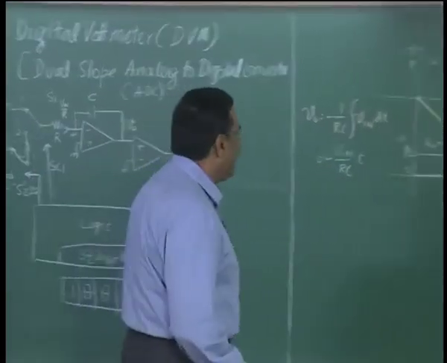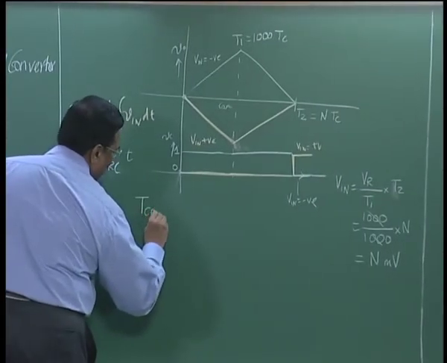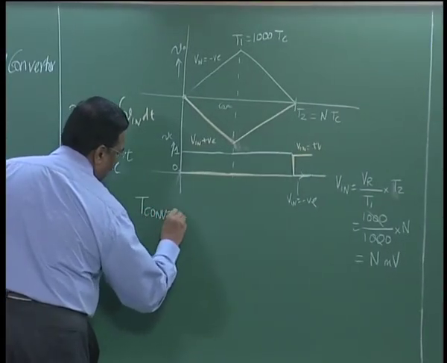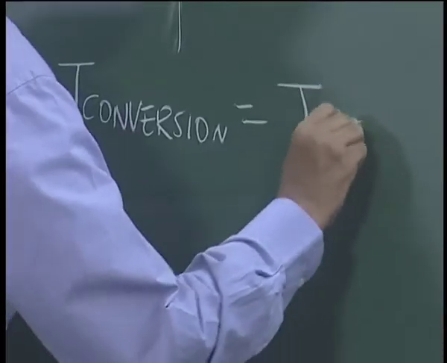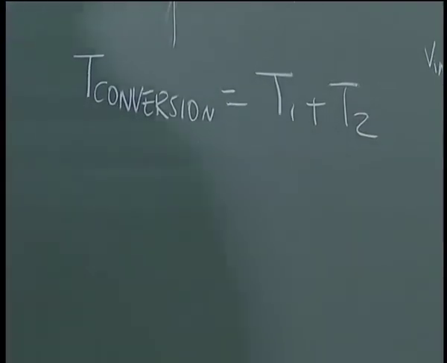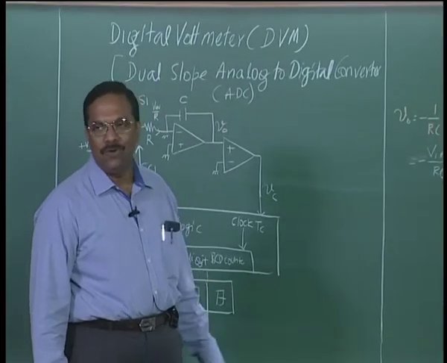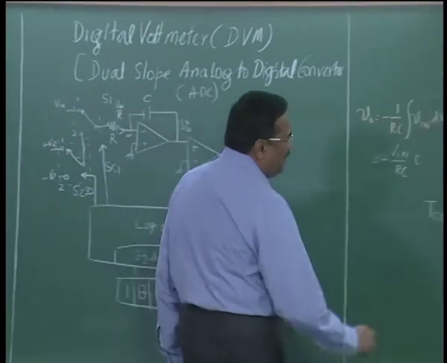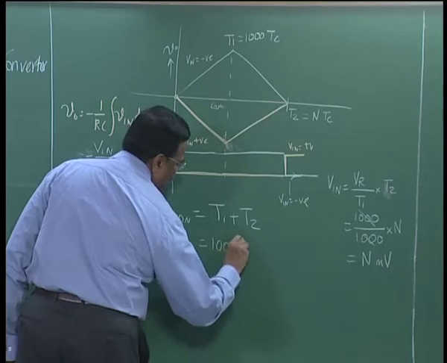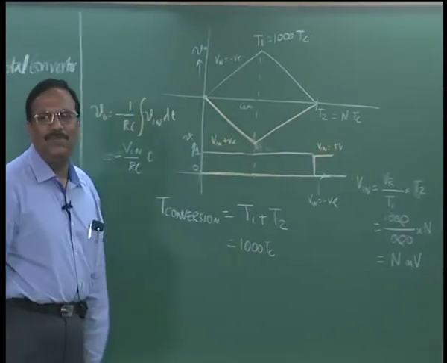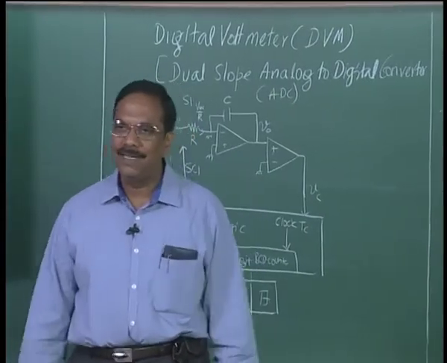So we call this the conversion time, T conversion is equal to T1 plus T2. For the 3.5 digit digital voltmeter, we took T1 to be 1000 TC, right, 1000 times the clock time period.